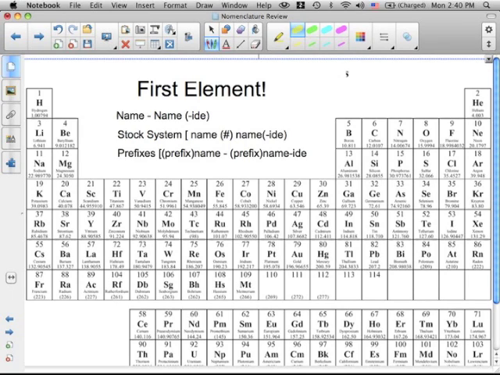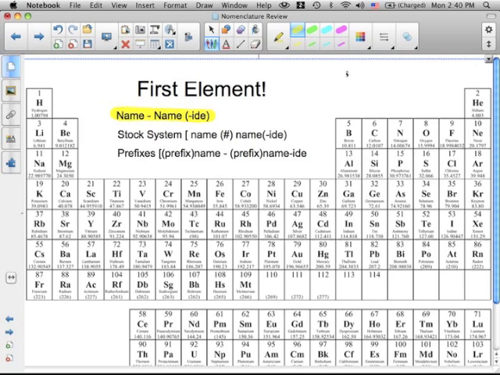We have the simple, straight-up binary ionic compounds. Those have a metal and a non-metal. So, we name binary ionic compounds with the name of the cation and the name of the anion. The key is looking at the first element.